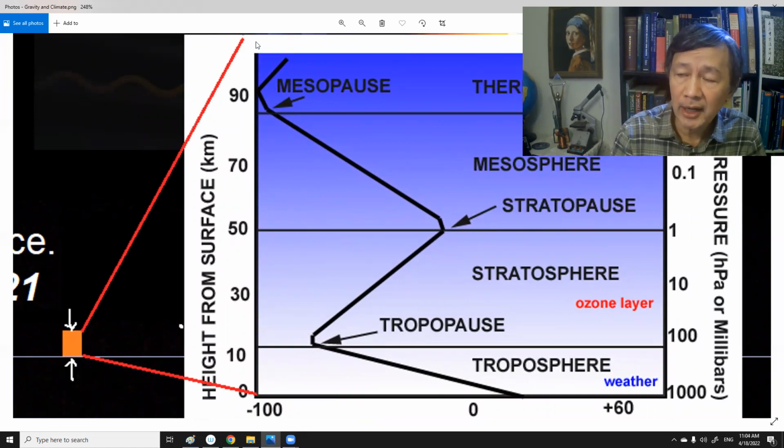So you can see that these so-called layers of atmosphere are all within this small orange spot. The troposphere or the stratosphere is actually about half of this scale.